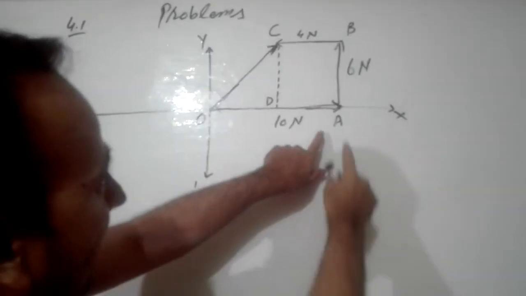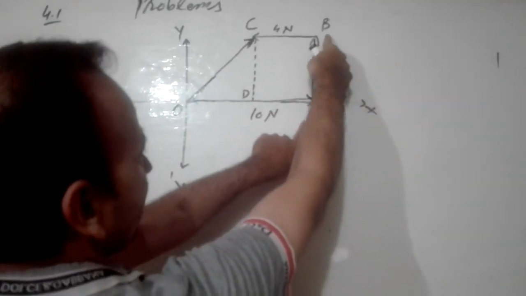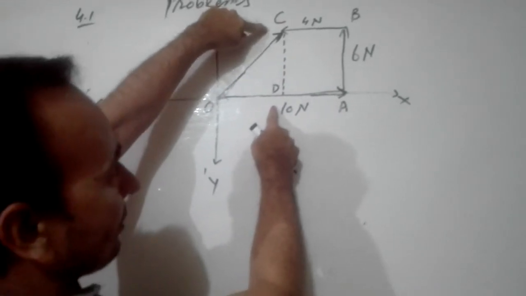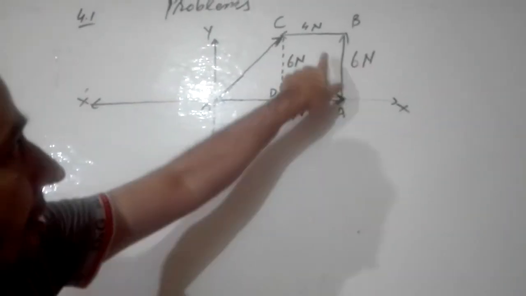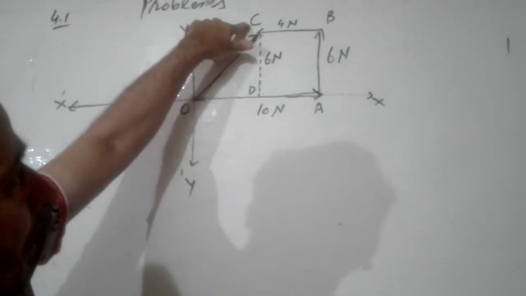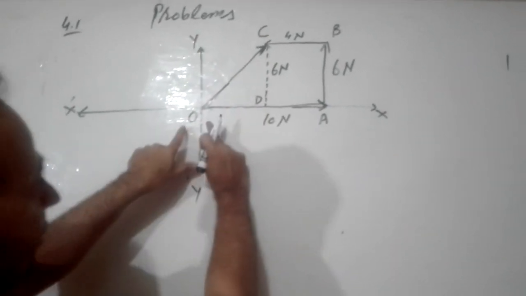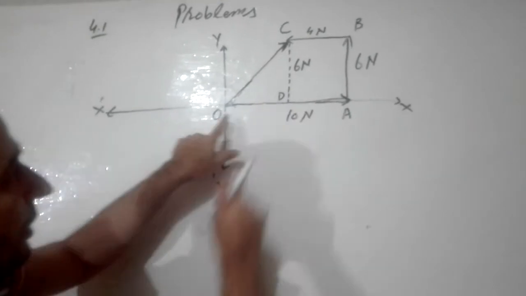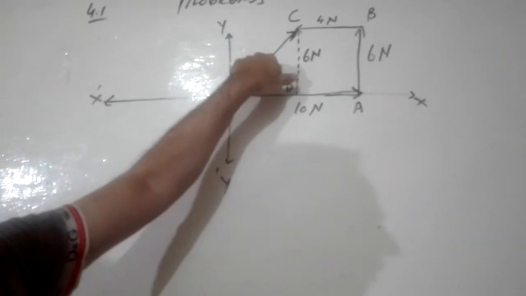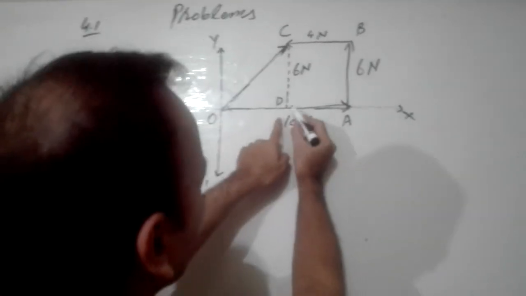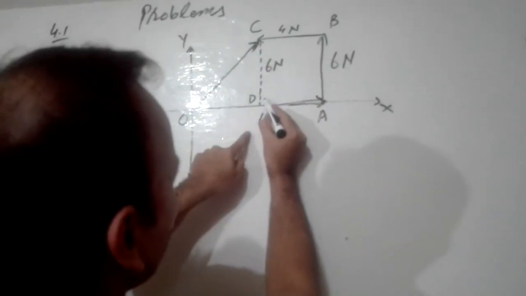Now you can see that this AB distance is equal to DC distance. So I can also write this as 6 Newton force, because I have drawn a perpendicular from this point. Now consider this triangle OCD. In this triangle OCD, we have to find the magnitude of OC vector. Clearly I have drawn the perpendicular, so this distance is 4 Newton.